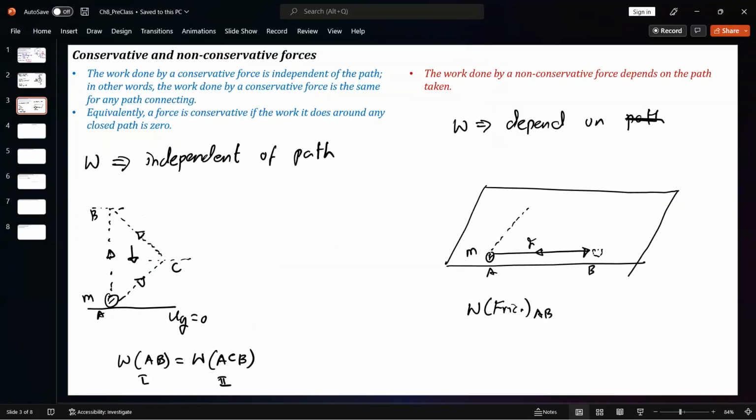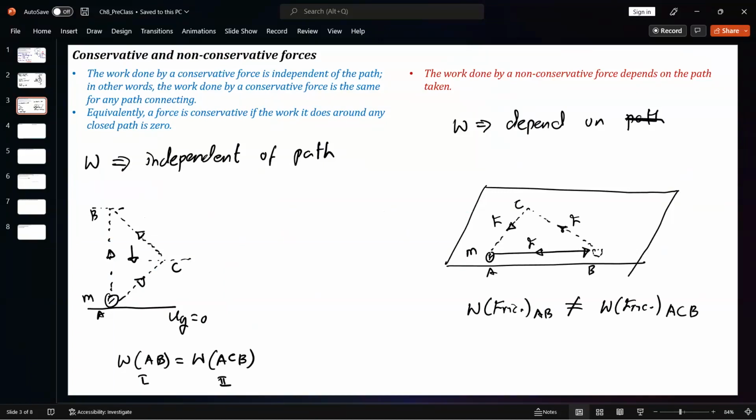Let's bring the object from point A to point C against the friction, and then bring it from C to B. Then I calculate the work done due to friction on path ACB. These two are not equal, because friction does work as you move the object. Friction force is always against the motion, which means two different paths give two different amounts of work done. Because of that, we call friction a non-conservative type of force.